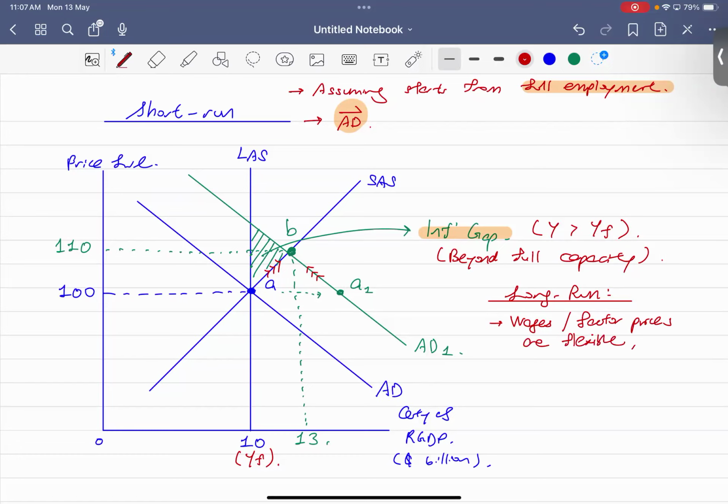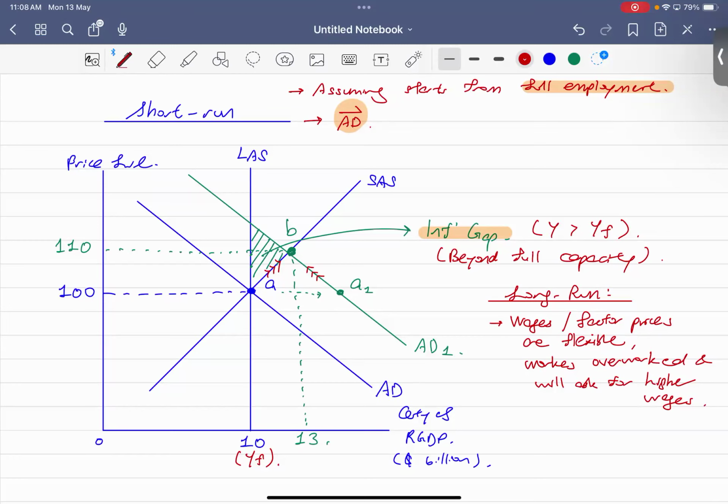So workers overwork and will ask for higher wages.